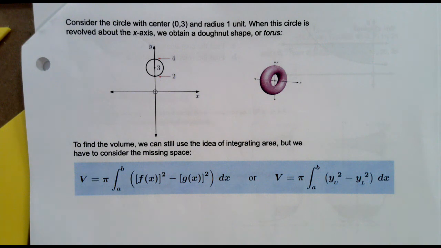And then you're going to subtract the volume of this. In other words, you're going to hollow out that disc that you just formed. So you're doing the function squared minus the function squared to take out the middle part of it. Does that make sense?